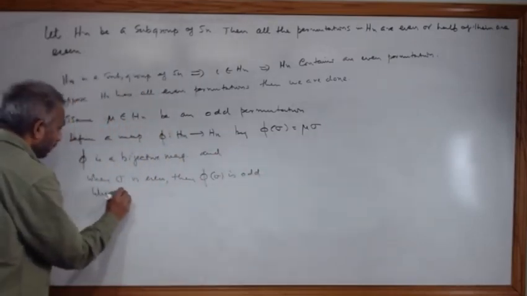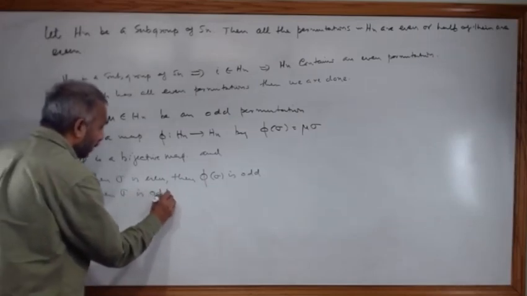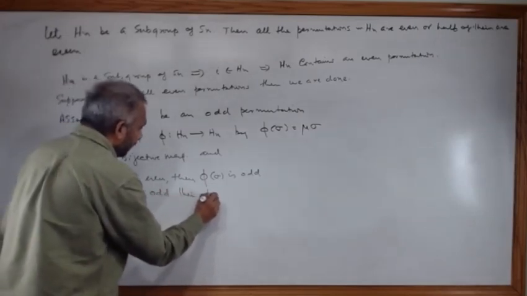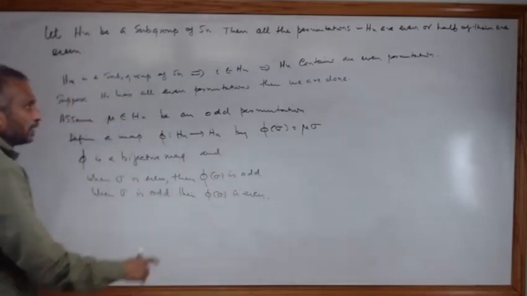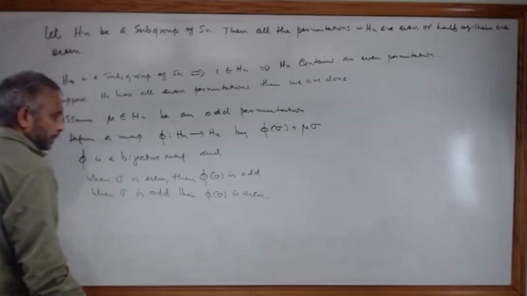When sigma is odd, then phi of sigma is even, because of this map.